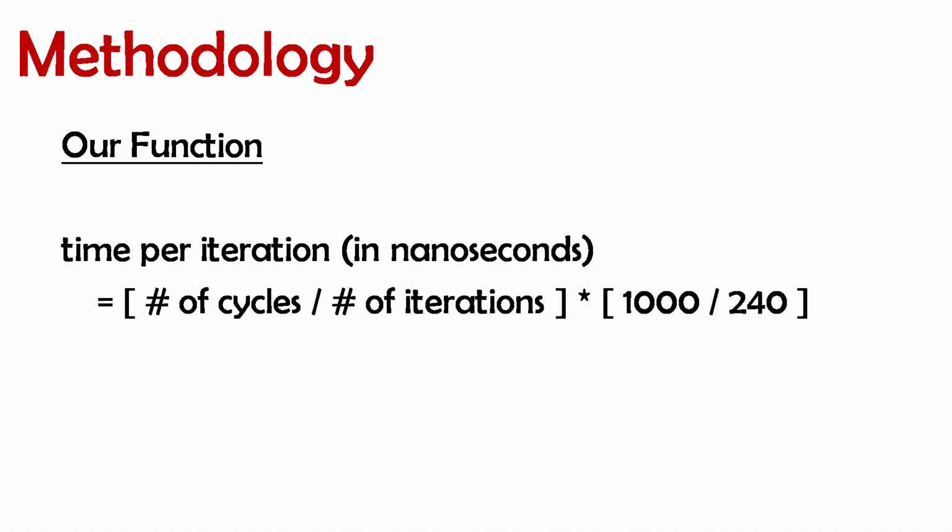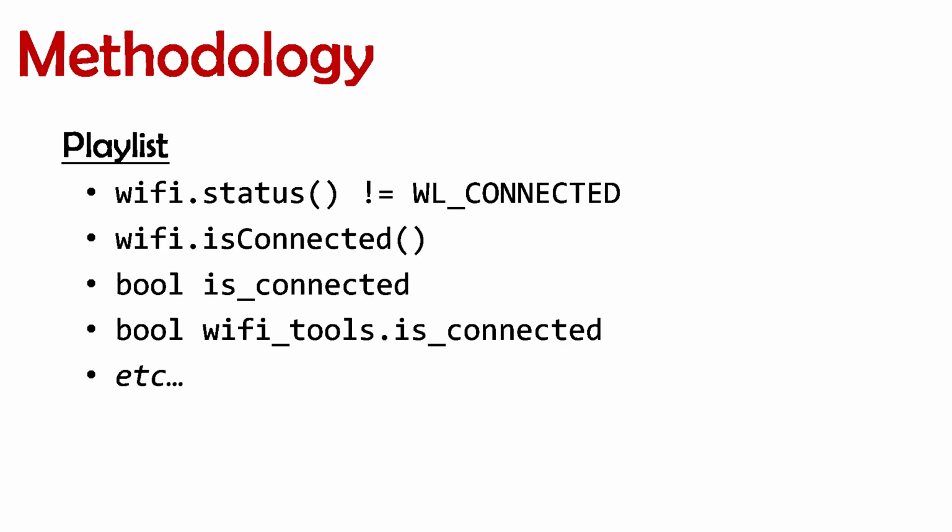So our time per iteration in nanoseconds is the number of cycles divided by the number of iterations times 1,000 divided by 240. The playlist I'm going to run down, the first one is the obvious.